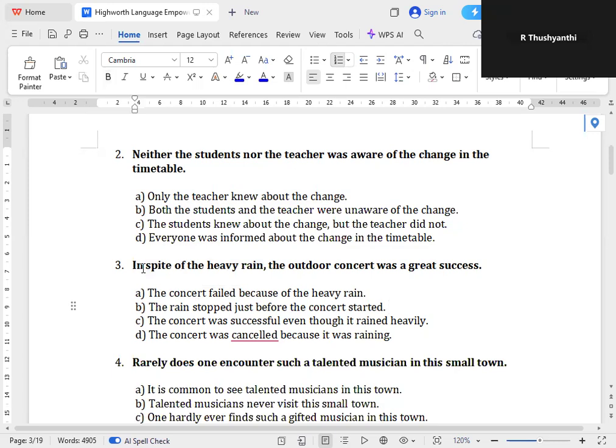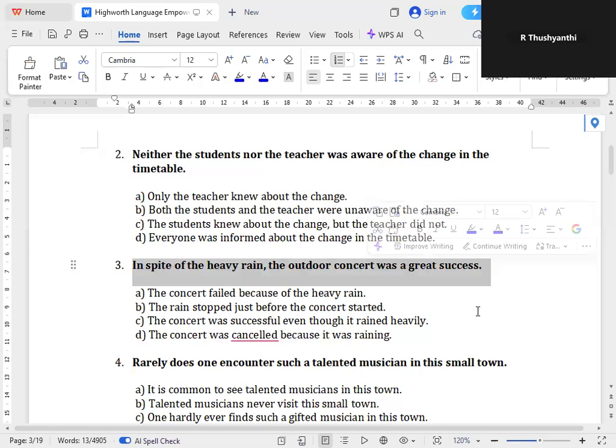If you place "but" here, we can say it rained heavily, but the outdoor concert was a great success. So that's the idea. Okay.